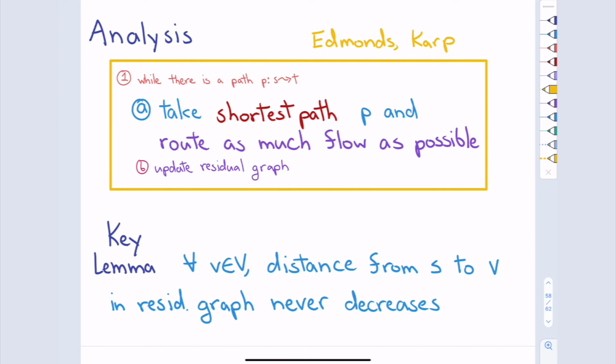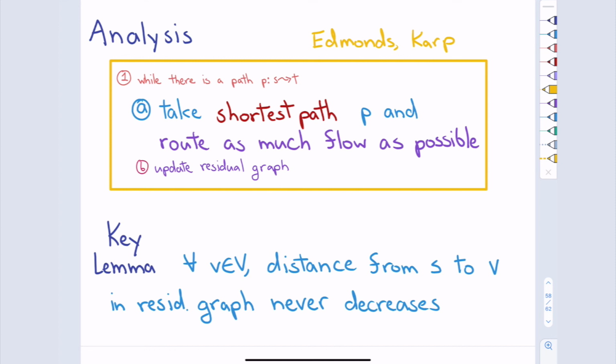What I find so interesting about this proof is that we never measured how much flow had already been sent. The proof was completely unconcerned. It only focused on the distance labels in the residual graph, which has to do with the dual min-cut problem, but that's a little harder to explain.